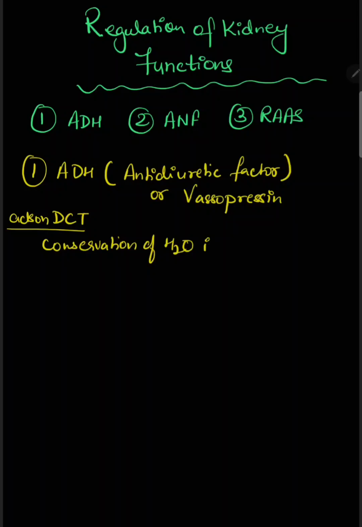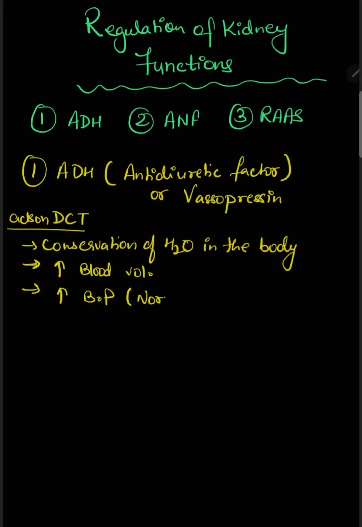Because it is anti of diuretic. Diuretic means removal of water; diuresis means more urine elimination. So anti of that means it will conserve water. If it conserves water, then it will lead to an increase in the blood volume, and therefore an increase in the blood pressure. Increase here means normalize.